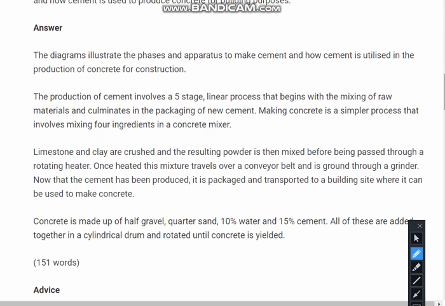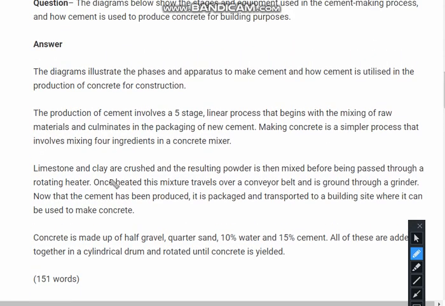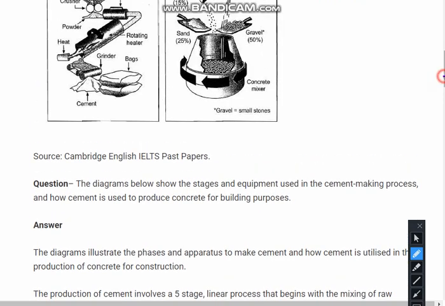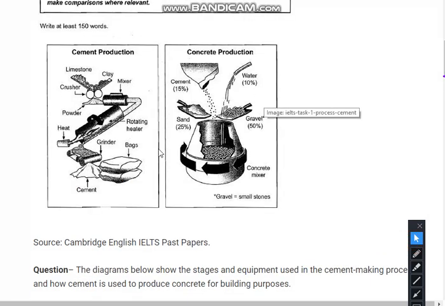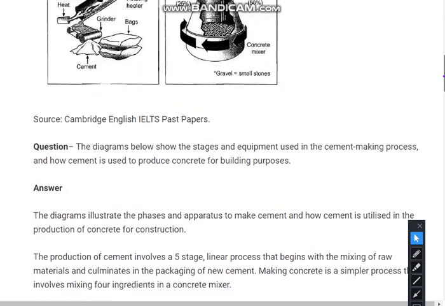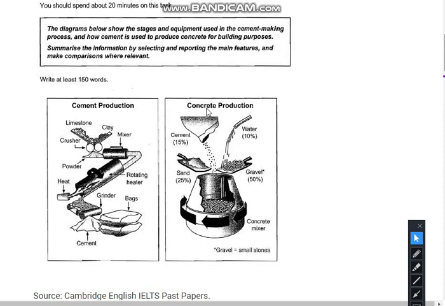Okay, limestone and clay. Let's look at where they are. Limestone and clay, okay, they're the first one. Are crushed. So crusher: if there's a crusher, it means you are crushing that.